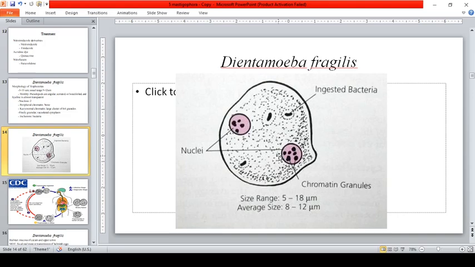Okay, so in 2014, cyst and pre-cyst stages were described for the first time in clinical human specimens. These data are still considered preliminary, and further testing should be done to validate the existence of this stage in the human host. Okay?